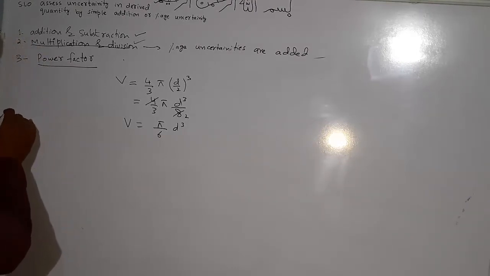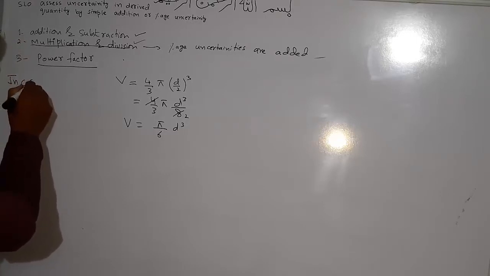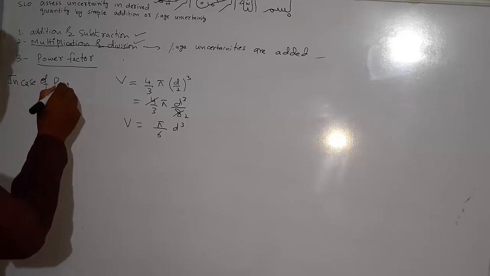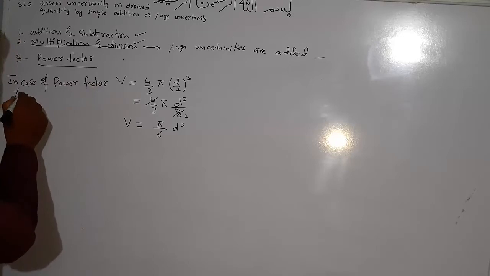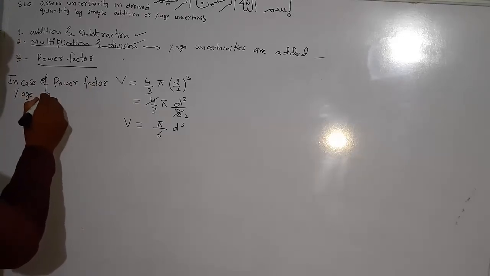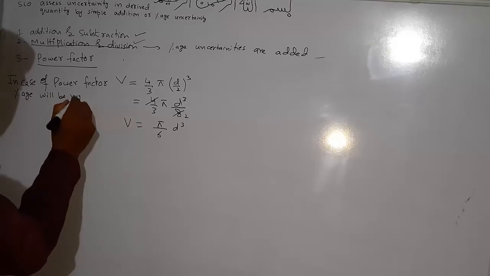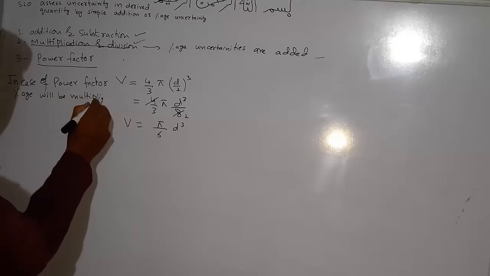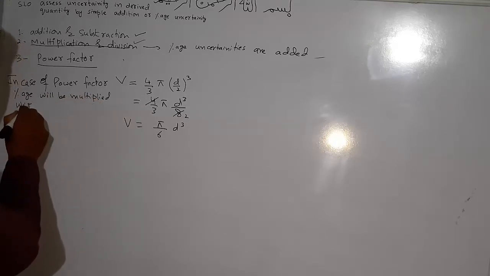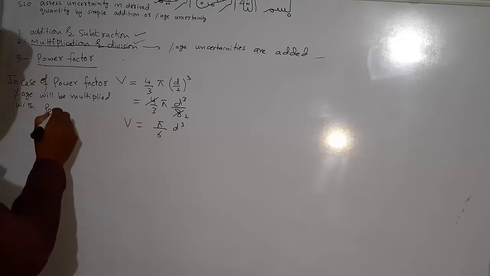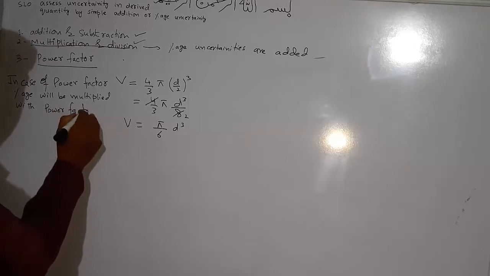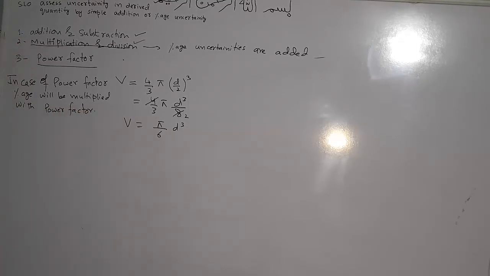In case of power factor, the percentage uncertainty will be multiplied with the power factor. See right here how we deal with this situation.